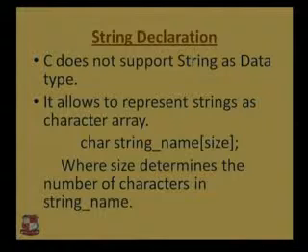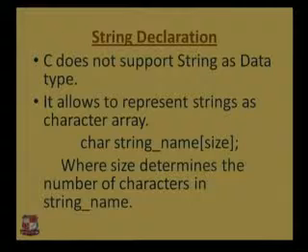We can represent the string in the following form: char, that is our data type, then the string name, and in brackets we give the size, which determines the number of characters that can be represented in the string name. The size represents the number of characters that we want to represent as a string.